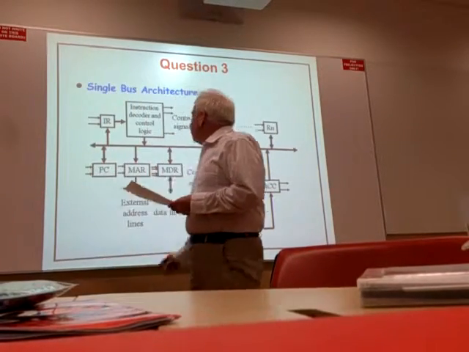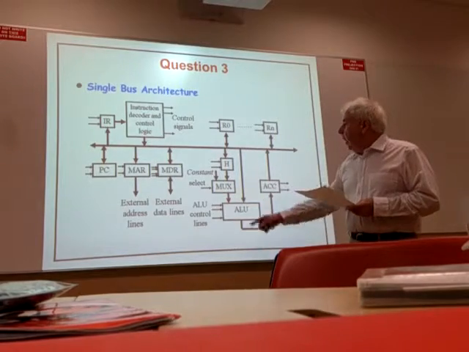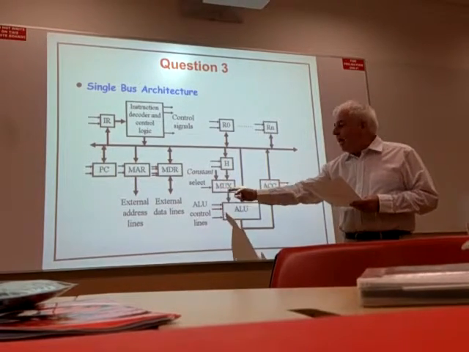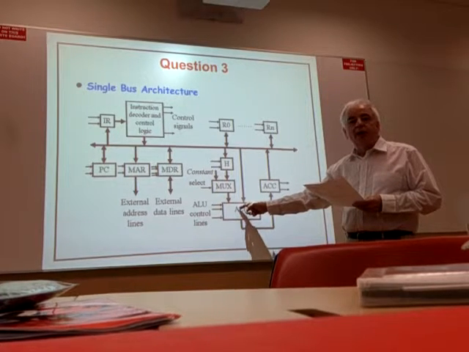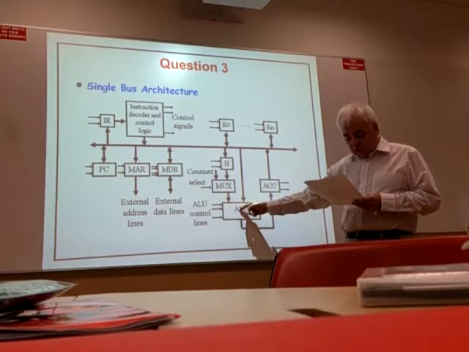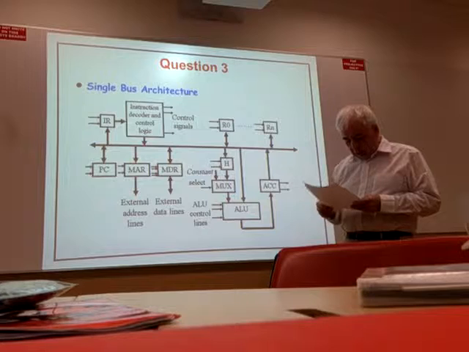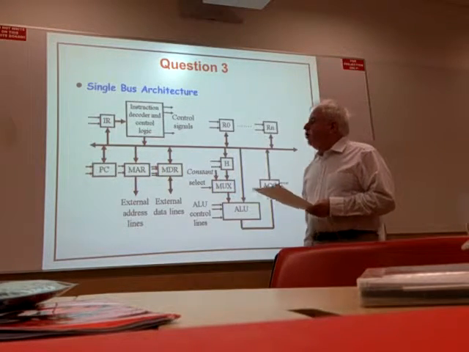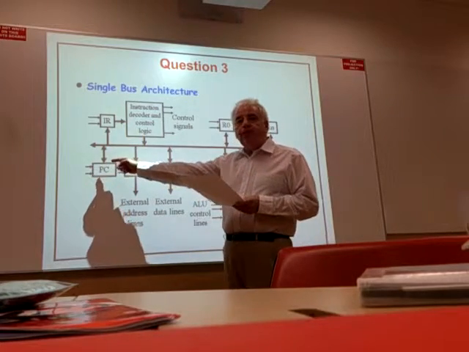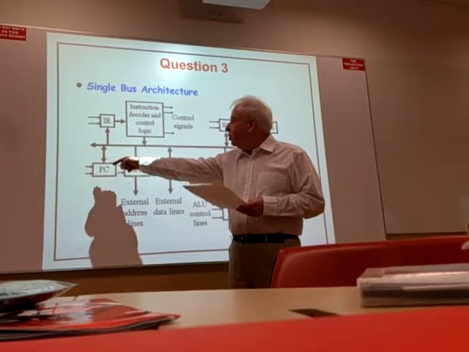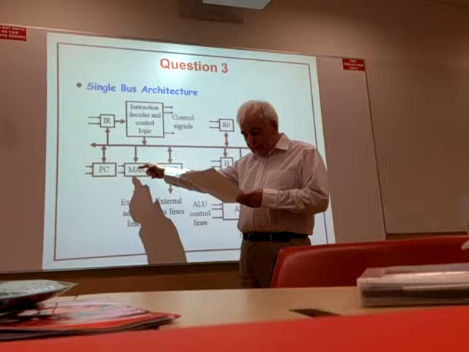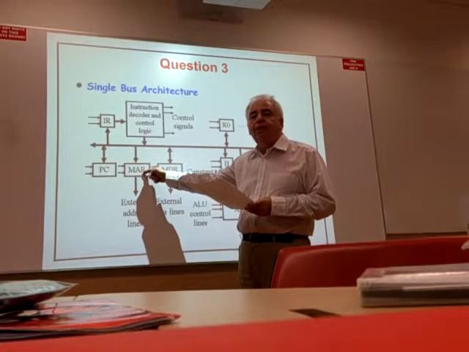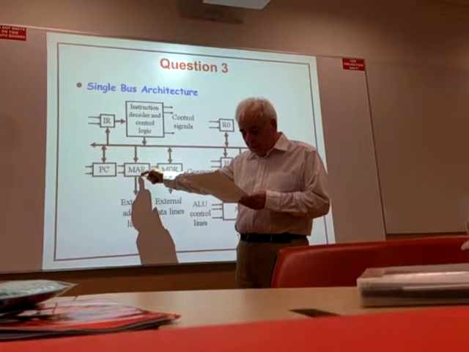In clock cycle 1, we output from the program counter and we want to select a constant to send to the ALU, so that the ALU can add one to the value of the program counter. Then in 1B, the value of the program counter, which is the address of the instruction, is input to the memory address register because we have to be able to access the external memory.